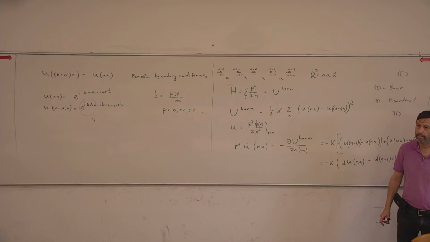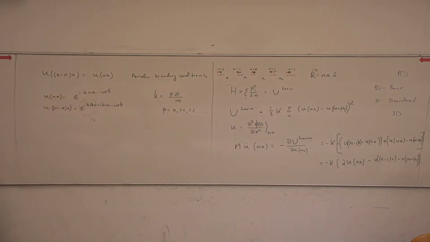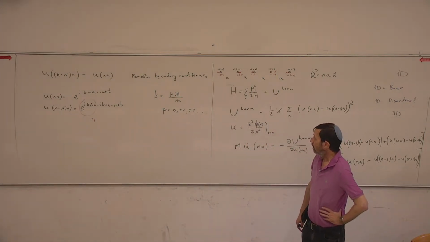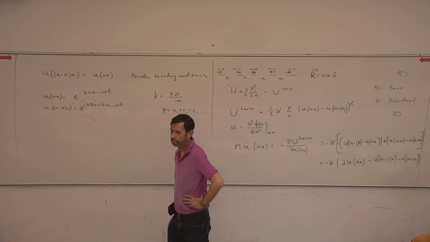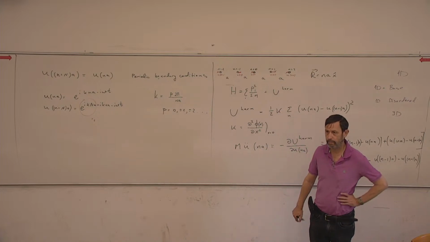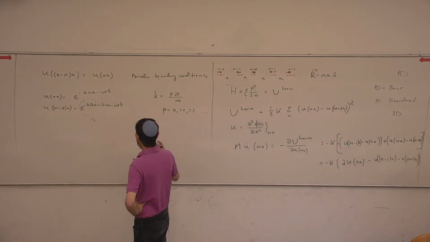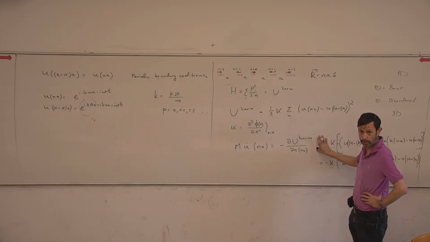What is the meaning of the big N? I decided that I'm taking periodic boundary conditions. So after big N lattice points, I'm returning to the same point. It's a whole lattice. Okay, so we have this guy, and it tells us which are the possible ks.